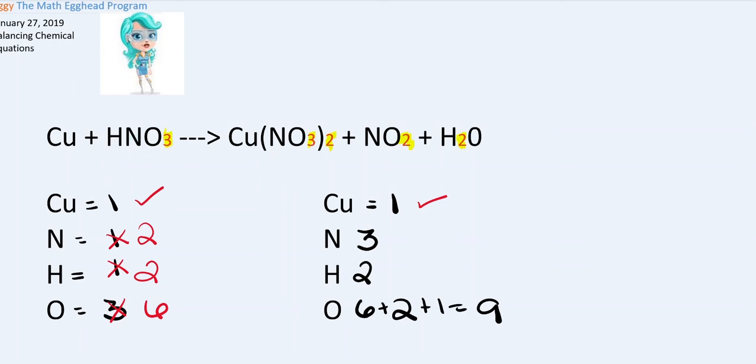It never hurts to double a number, as long as it's a whole number. So 2, 4, 6, 8 is fine. Let me change this to a 4 coefficient. And now I see that it's going to change my entire molecule. So now it's going to be 4 hydrogen, 4 nitrogen, and 12 oxygens. Remember, that 3 subscript only belongs to oxygen.